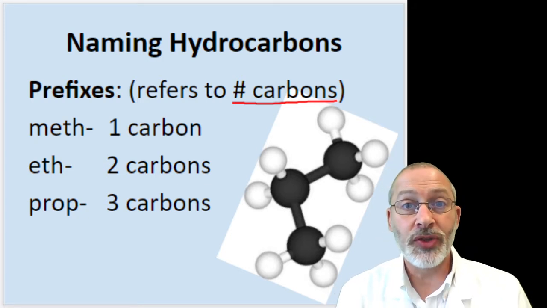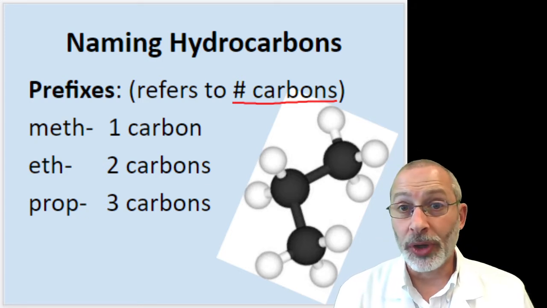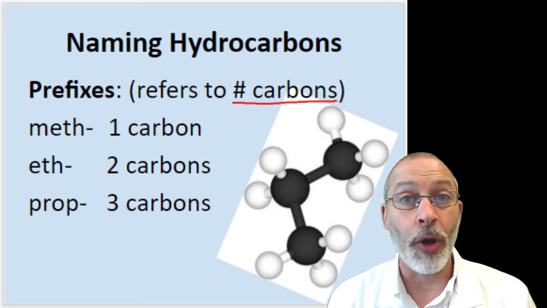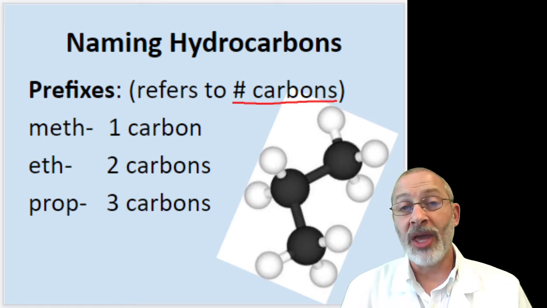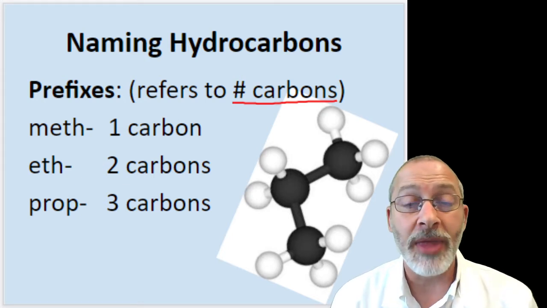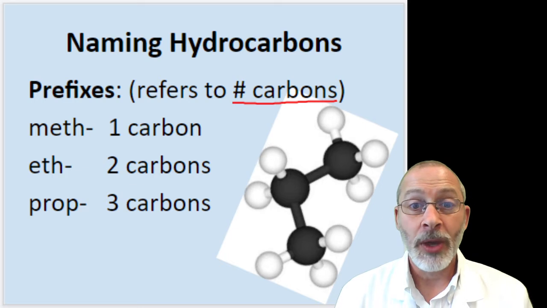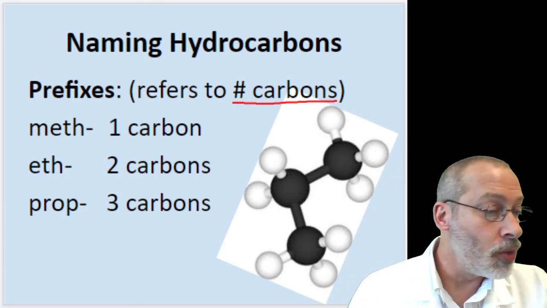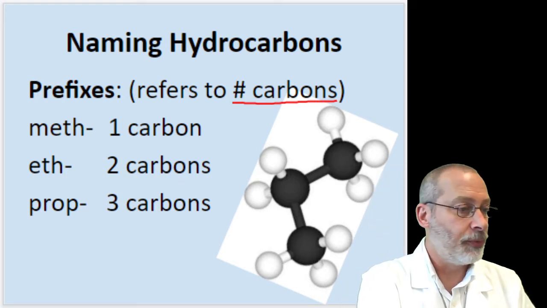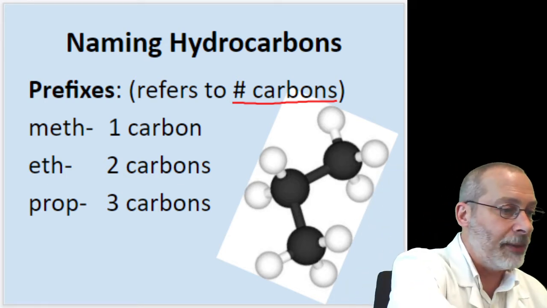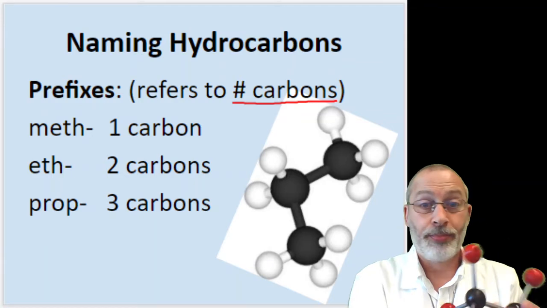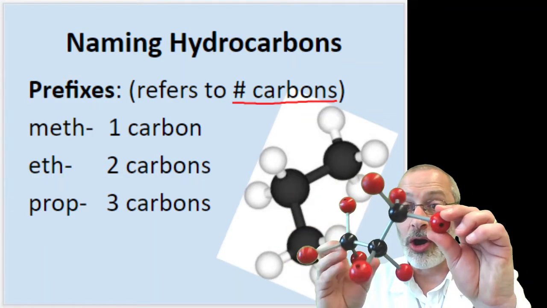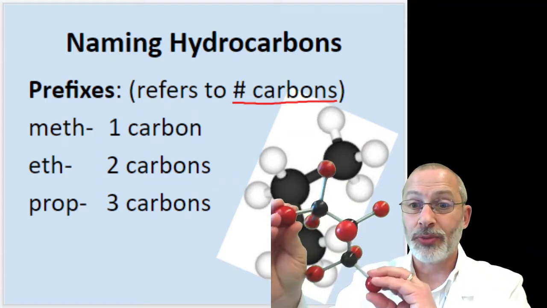Prop means 3. In the laboratory, when we light up the Bunsen burners, we use something called propane. Propane. Maybe some of you have gas grills at home that use propane. Well, prop means 3. So prop, if we were to build a model of an organic molecule having 3 carbon atoms, here's 3 carbon atoms.